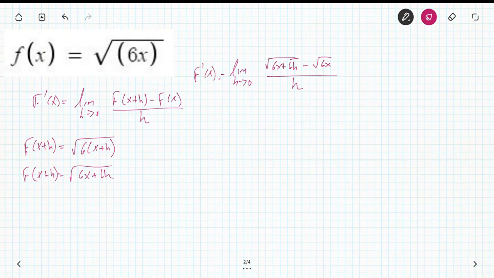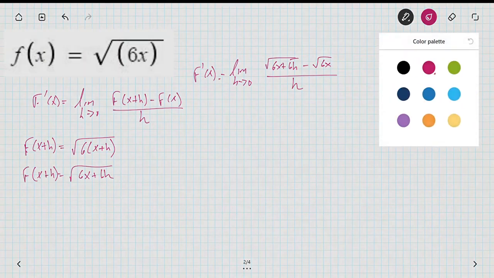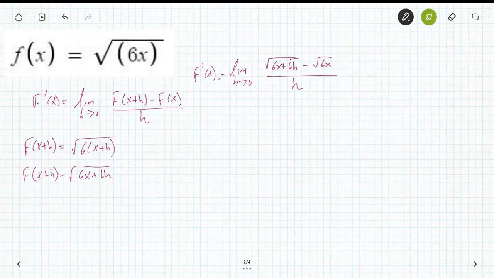Okay, so now we basically have two root expressions on the numerator, and they're being subtracted. So what you want to use is a sort of conjugate rule in which you multiply both the top and the bottom by this. Okay, so you're going to be very familiar with what I'm about to do. The square root of 6x plus 6h.